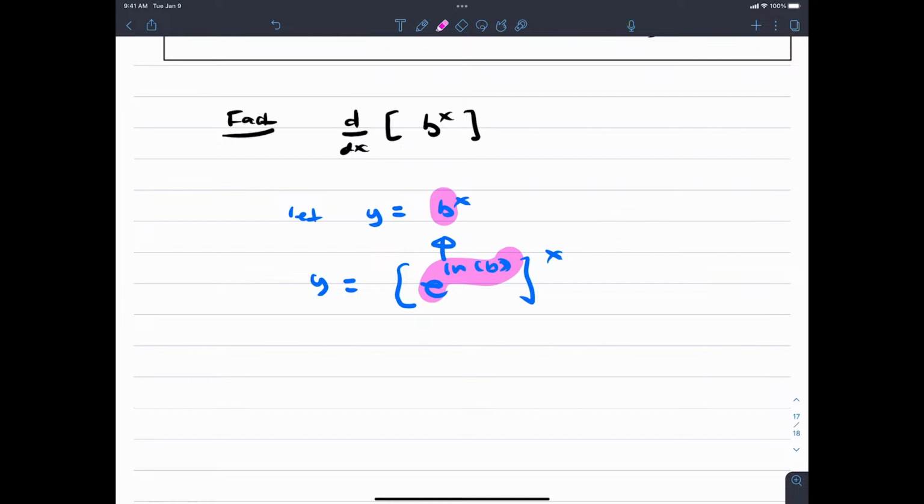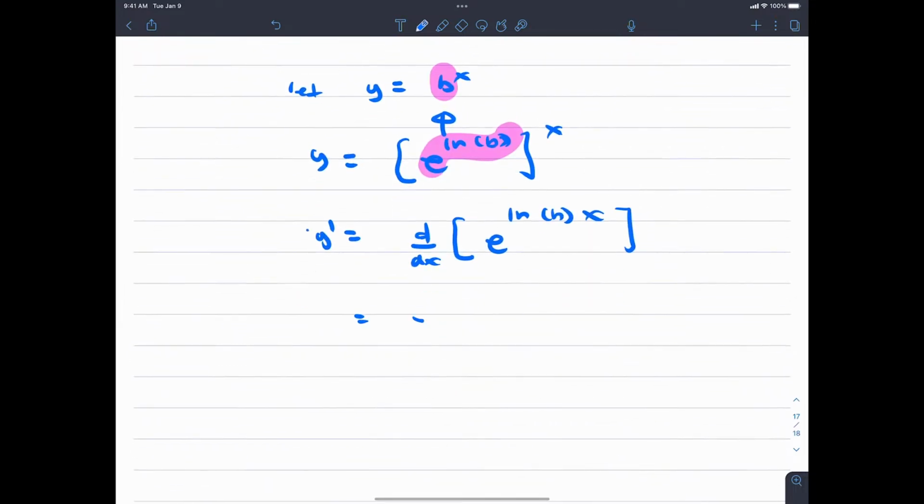Those are equivalent. And so if you differentiate the left, you get to differentiate the right, which is just e to the ln b x, which is e to the ln b x times the derivative of that, ln b x.